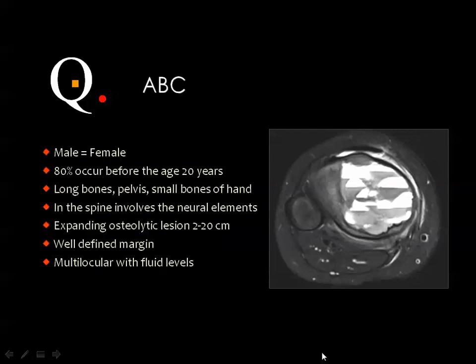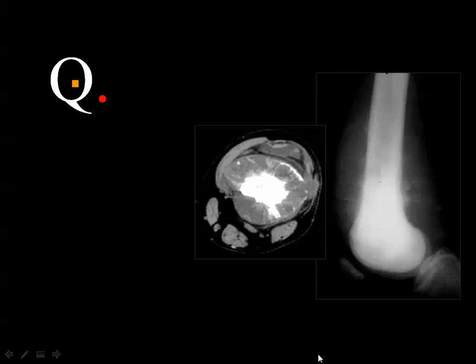This is axial MRI T2 weighted image of the leg. Yes, and there is an expanding lesion with multiple fluid levels in the tibia, diagnostic of aneurysmal bone cyst. Yes, and this is X-ray and CT of the distal part of the femur.